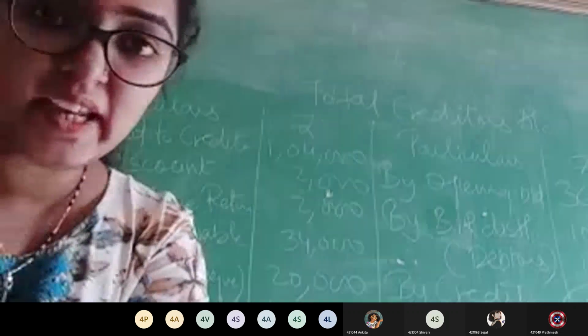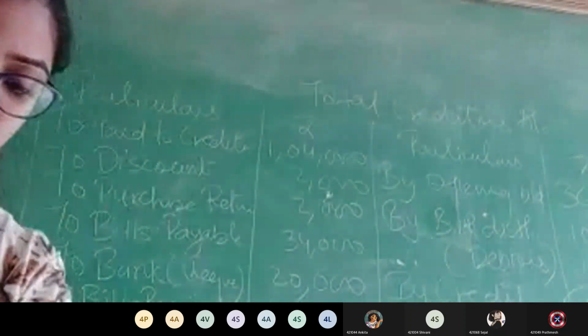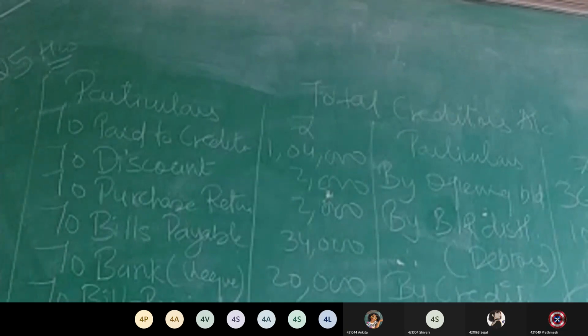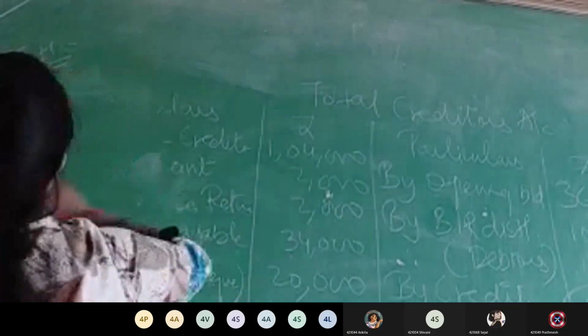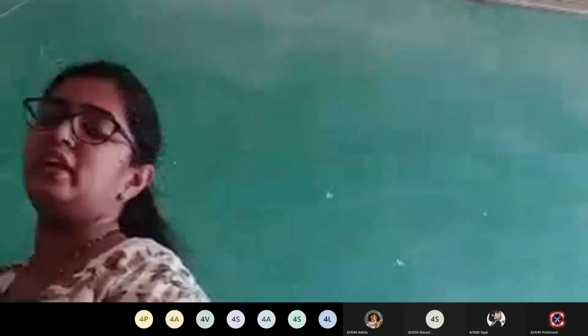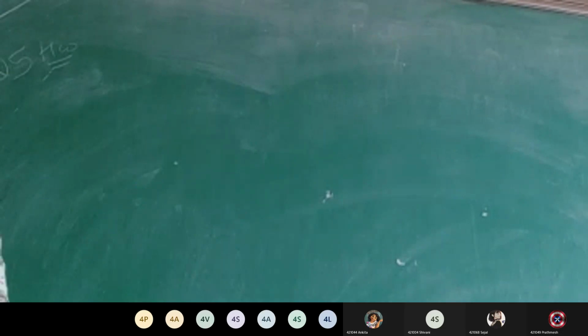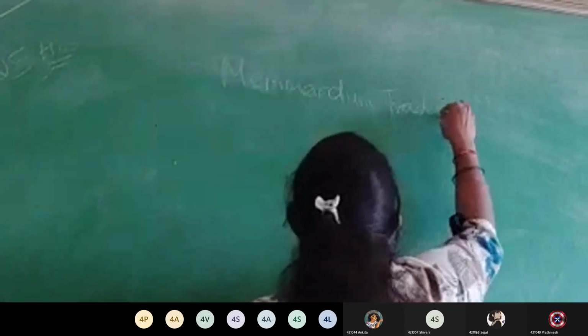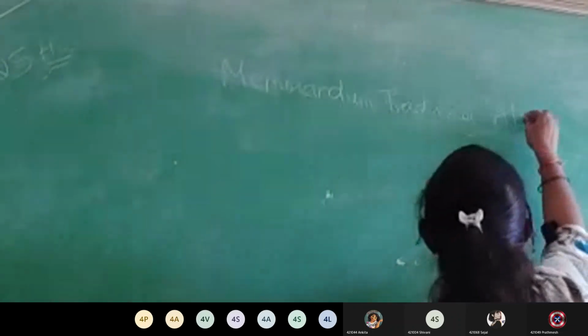Okay, so you also see the PPT. Make a format and we'll start the sum. Make a memorandum trading account. To find out opening or closing stock, we need to make this account.